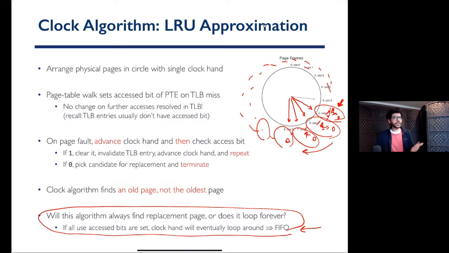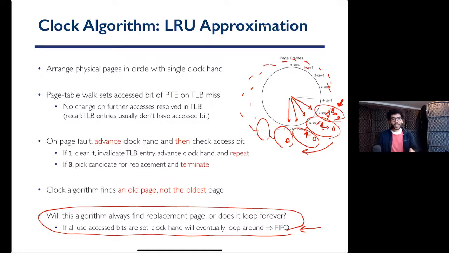So therefore, it's not going to be accessed in the future. That's your assumption. Now, this assumption might not be correct. Maybe it wasn't accessed in the past round, but it's going to be accessed right away after this. Now, if you give this page another chance, then it will be accessed next time and it won't be evicted.